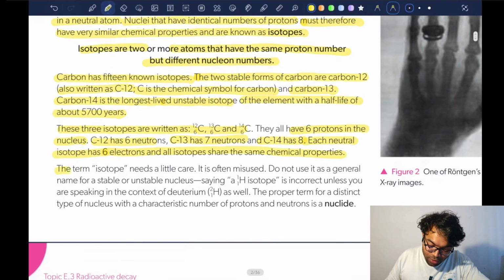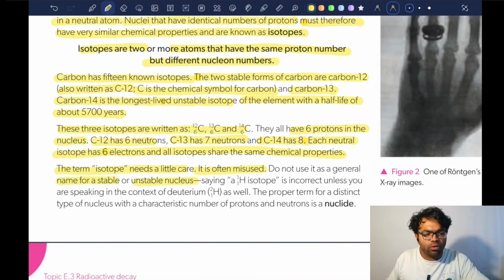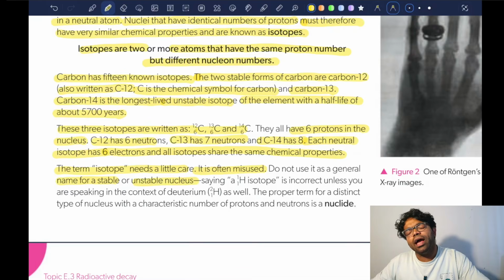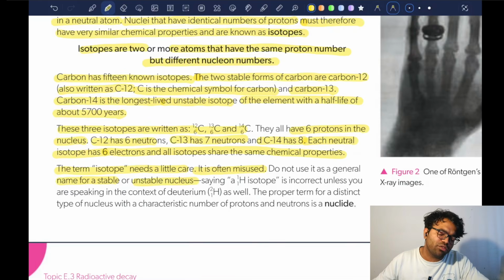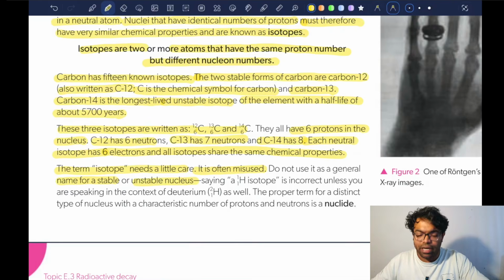The term isotope needs a little care. It is often misused. Do not use it as a general name for stable and unstable nuclei, because an element can have many isotopes that are stable in nature. Isotope should not be used as a term to define stability or instability.